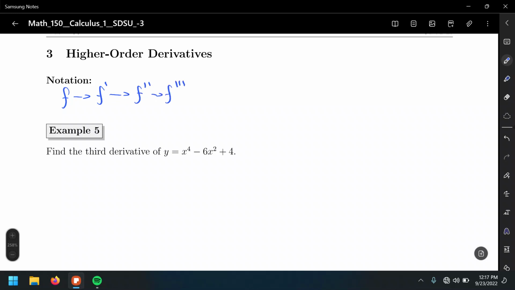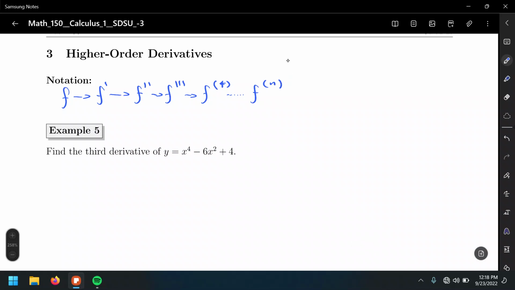For derivatives of order higher than 3, we don't write 4 primes. What we do is f, parentheses 4, to indicate this is the 4th derivative, and so on for the nth derivative.